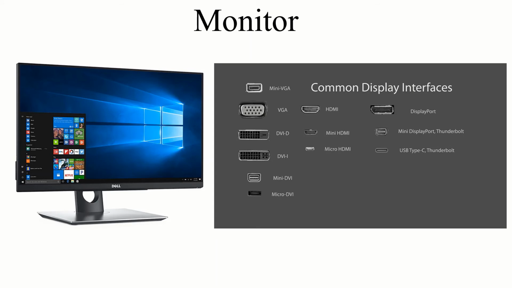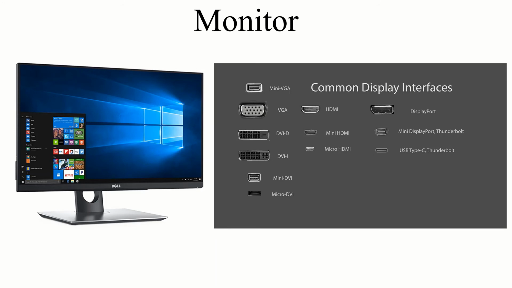When we were using the CRT monitor, the most common display interface available was VGA. VGA means Video Graphics Array, and DVI means Digital Visual Interface, DP was the DisplayPort, and HDMI means High Definition Multimedia Interface.